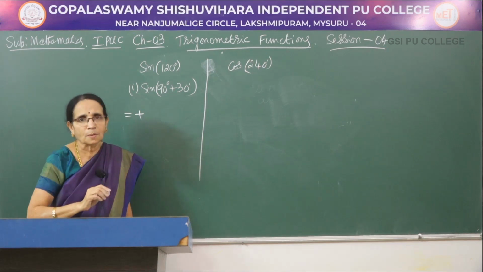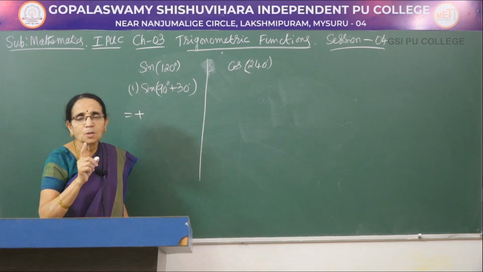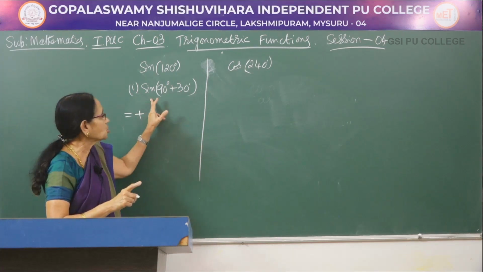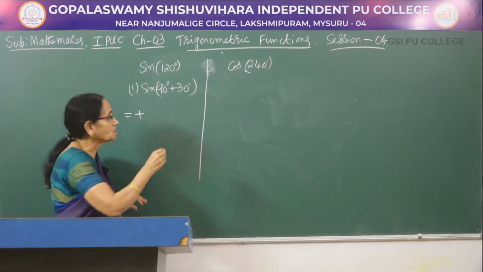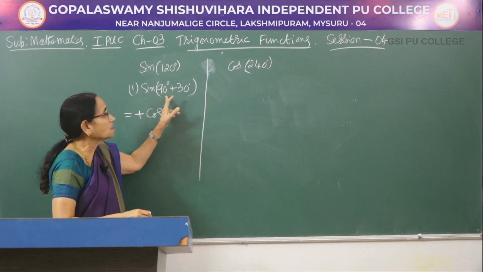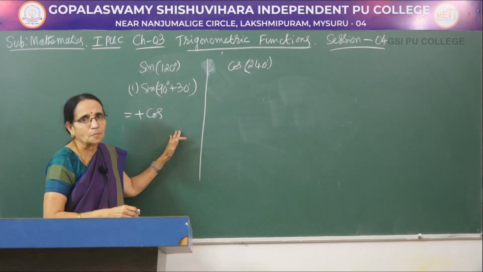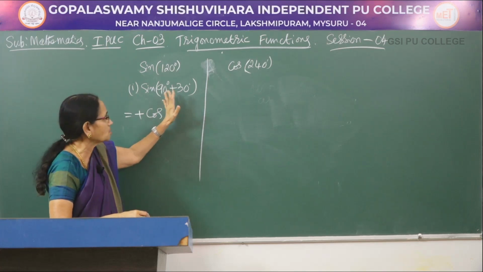So, sine is over. Next, I am using 90 plus 30. According to rule 1, the function should be changed over to co-function. For sine, what is the co-function? It is cos. Now, don't take this value when you write the next step. Here I have written 90 plus something. Don't take this sign also.